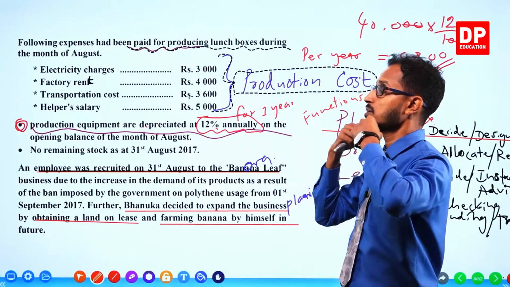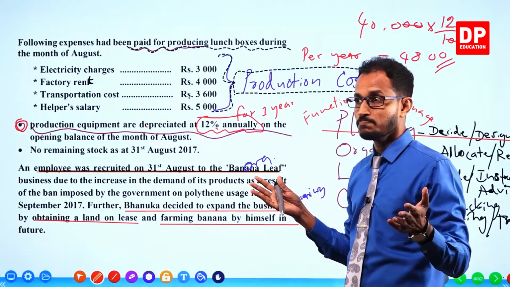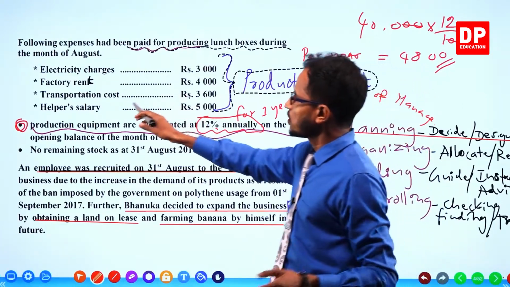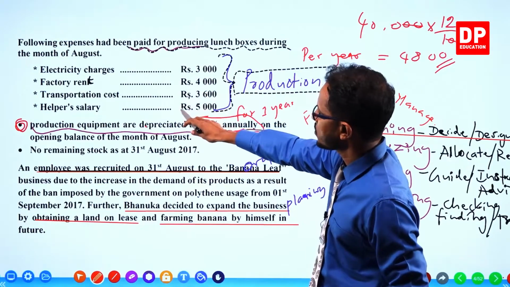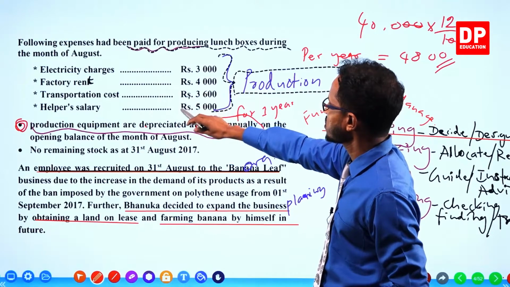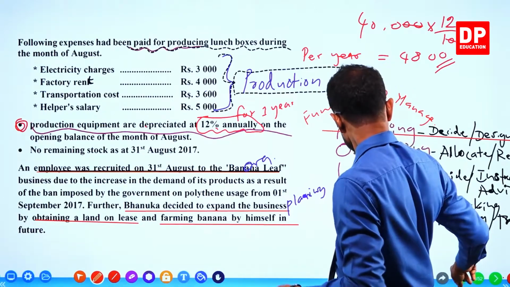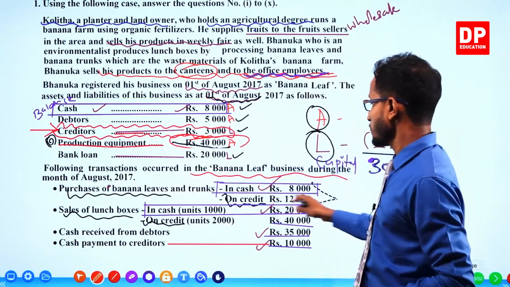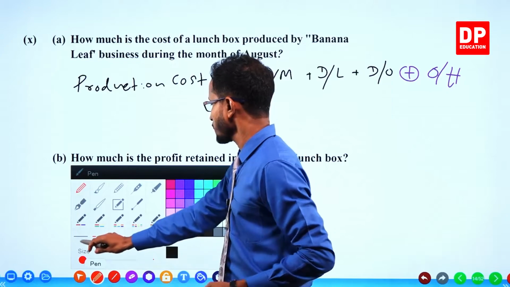That's how you notice the key points, right? Now I can take all the items for overheads: 3,000, 4,000, transport cost and helper salary. 4 plus 3, 7, 10,600, 15,600. Before the overhead 15,600, take the direct materials 20,000.